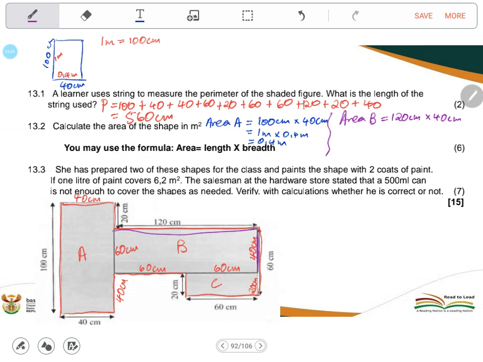I'm just realizing something here. We have 20 centimeters, and this one gives us 40, so it must be 40 here. If we have 40, 20, 40, 40, that makes it 100, so it shouldn't be 60, it must be 40 centimeters.